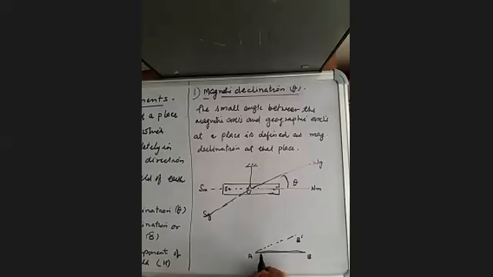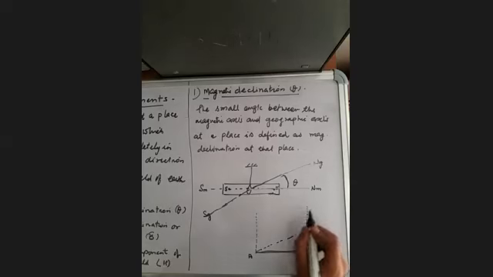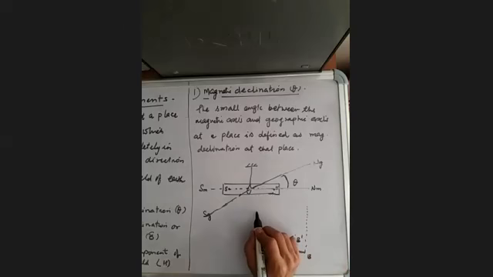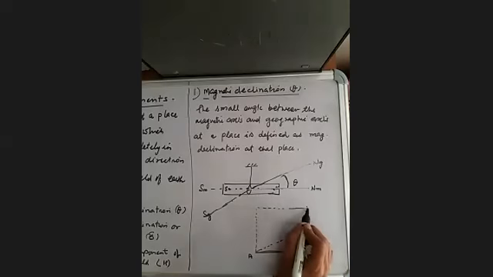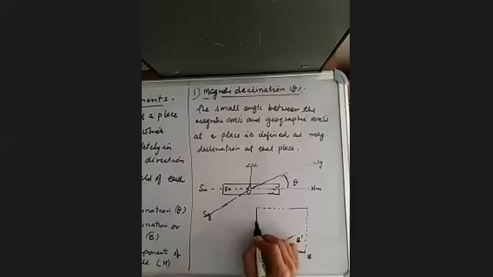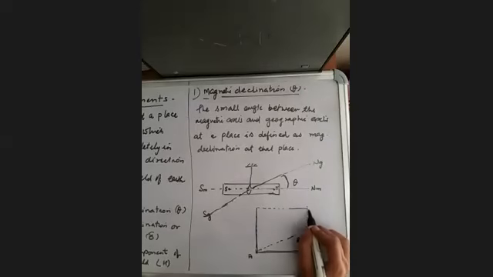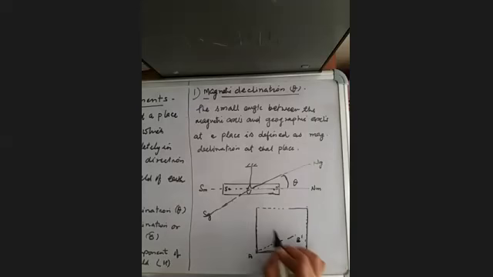Okay, now we can draw the meridian. So the magnetic meridian we can draw, which is a vertical plane passing through the magnetic axis. So this is the magnetic meridian, and I'll draw it with a full line. The vertical plane passing through the magnetic axis is called the magnetic meridian.